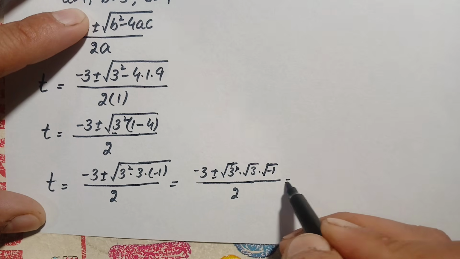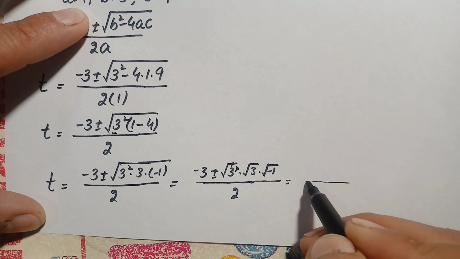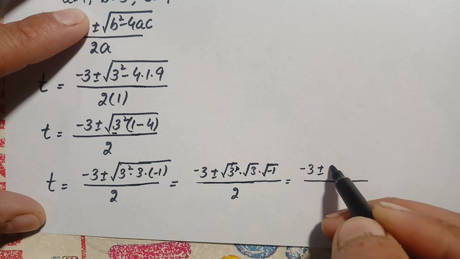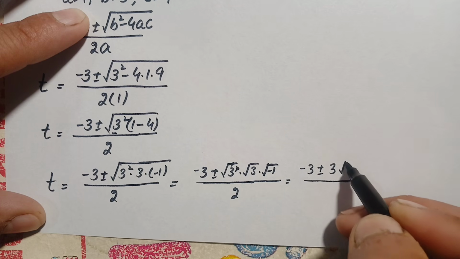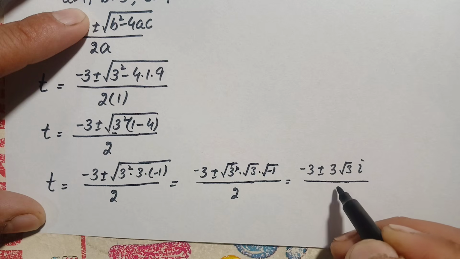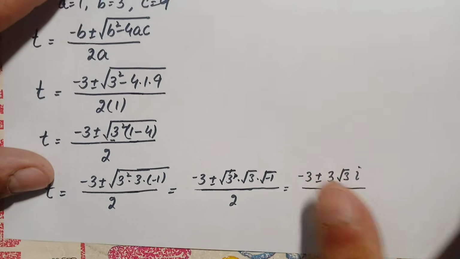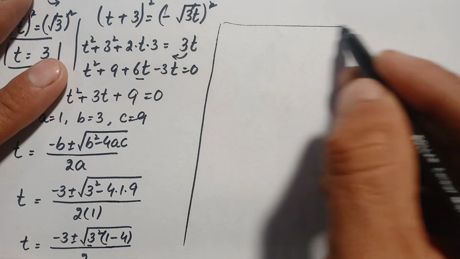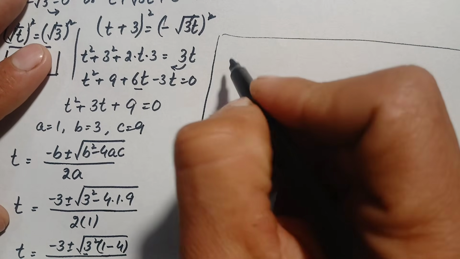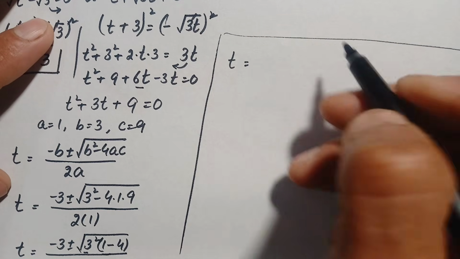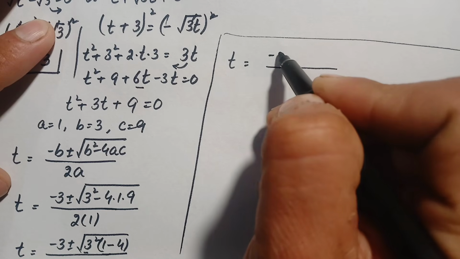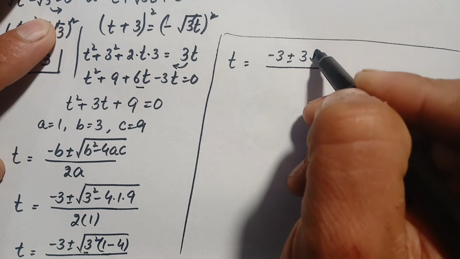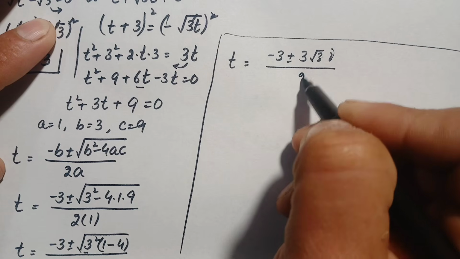So further this will become minus 3 plus minus 3 times square root of 3 i divided by 2. So we will do the remaining steps here. Here the value of t is equal to minus 3 plus minus 3 times square root of 3i divided by 2.